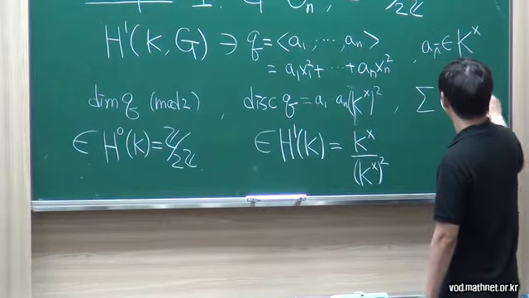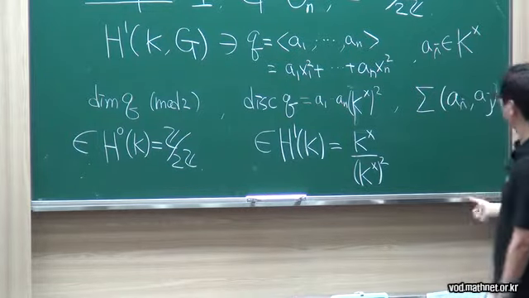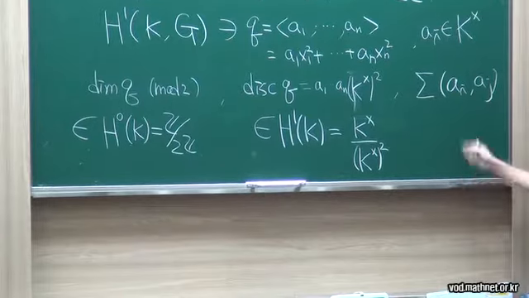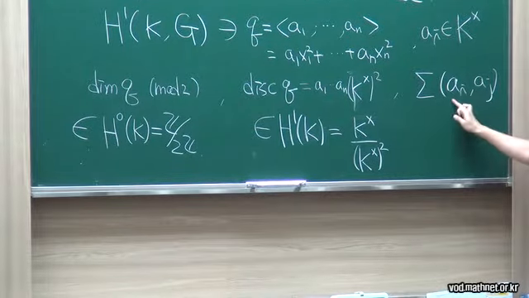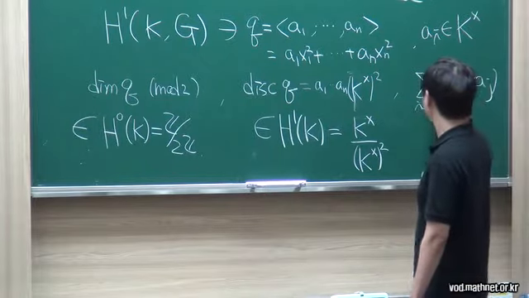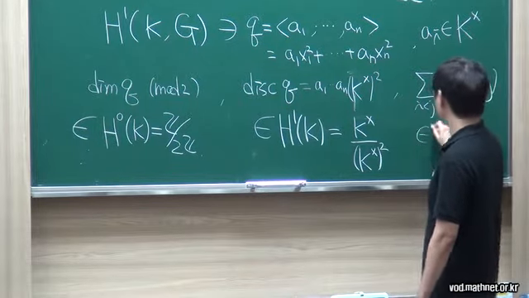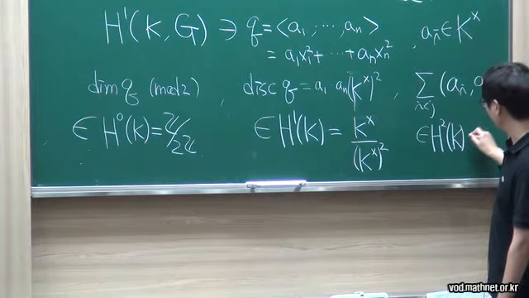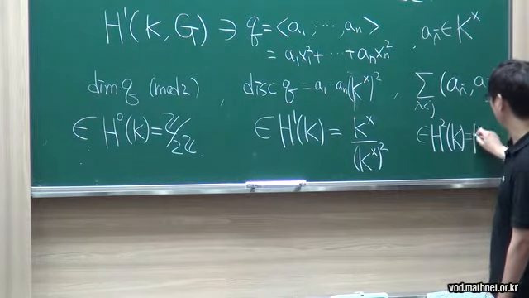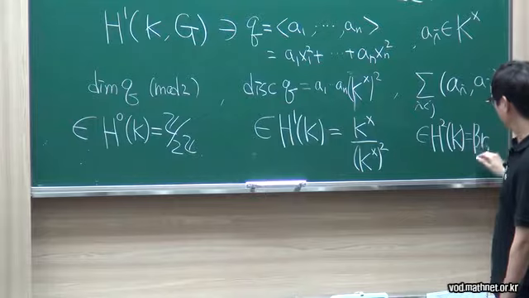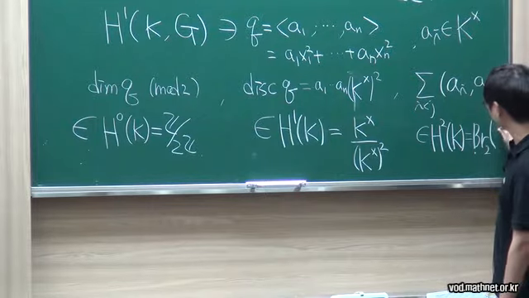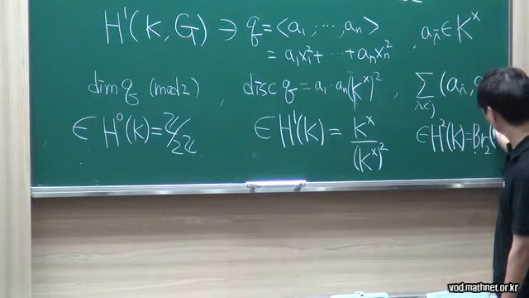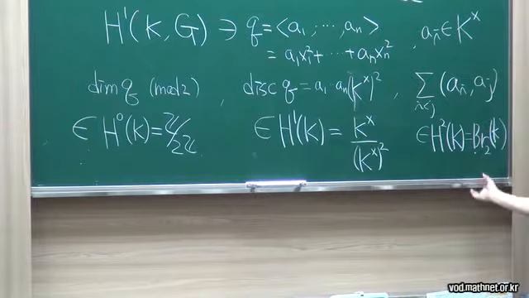we have the Hasse-Witt invariant, the sum of quaternion algebras generated by the a_i, a_j, which is in degree 2 cohomology, and this can be identified with the 2-torsion Brauer group.